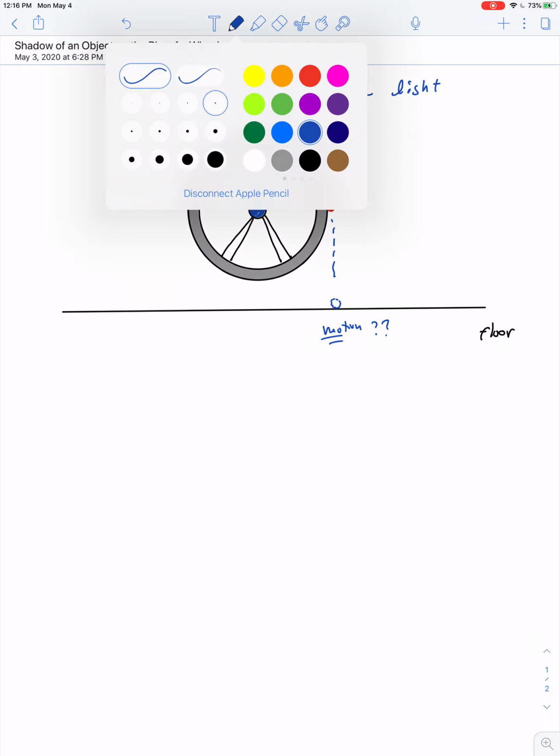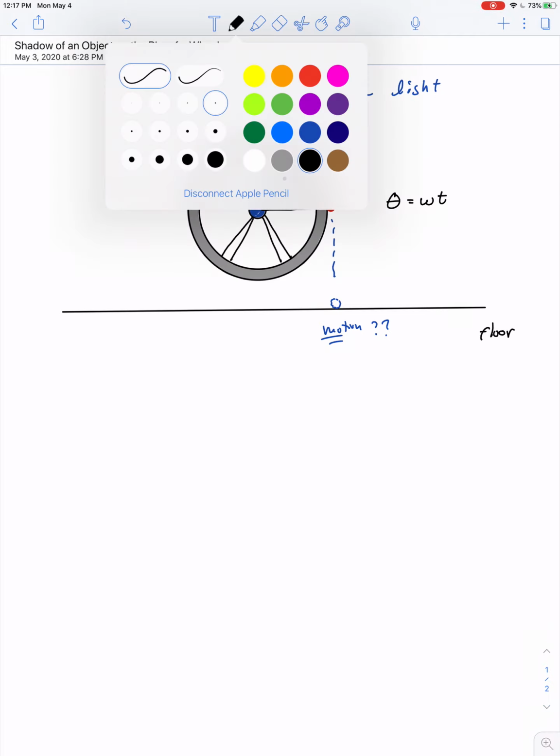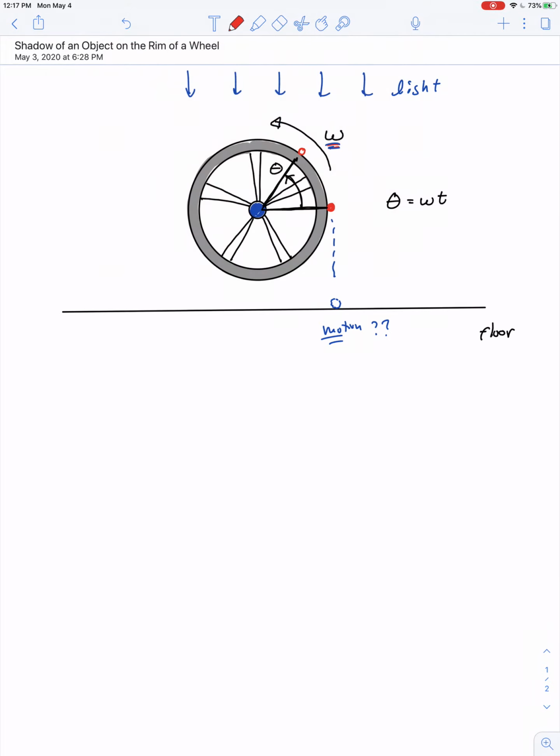So after a little bit of time goes by, our object started here, and with the passage of time it'll have advanced through some angle theta. By the way, theta would just be equal to omega times t, and at that point our object would be here, and if we draw a line straight down, I guess its shadow would be located here.